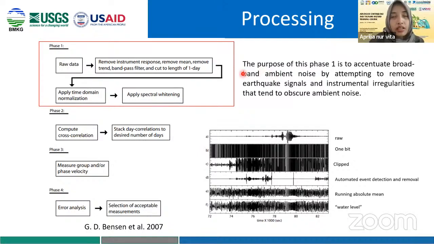In earthquake processing, we usually remove the noise to get a clearer earthquake signal, but in noise processing, we try to remove the earthquakes to accentuate the ambient noise.